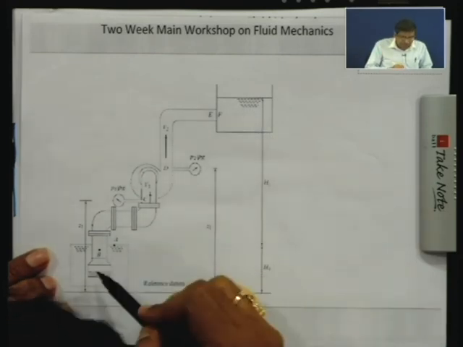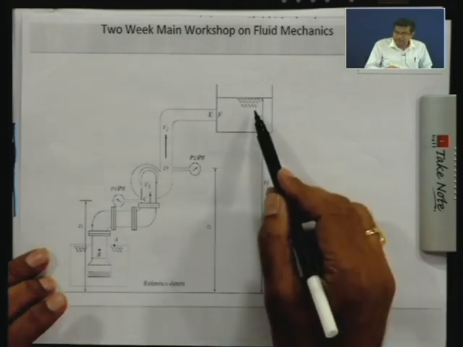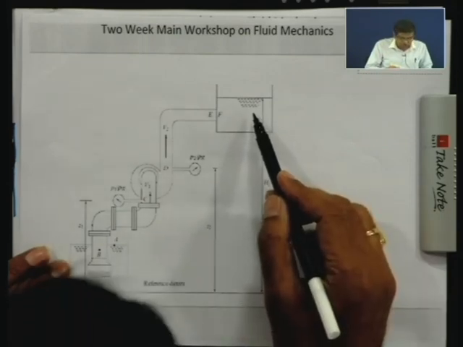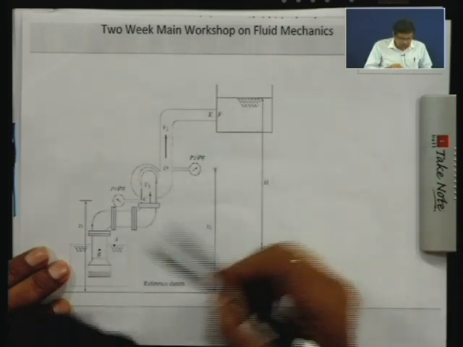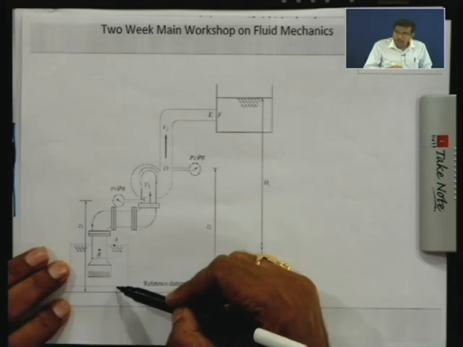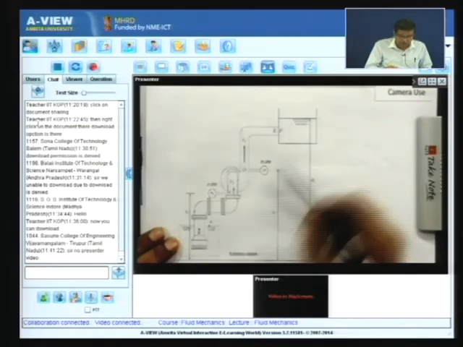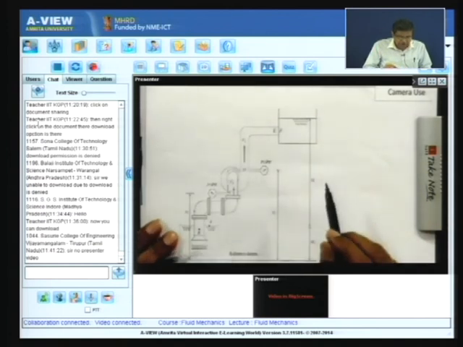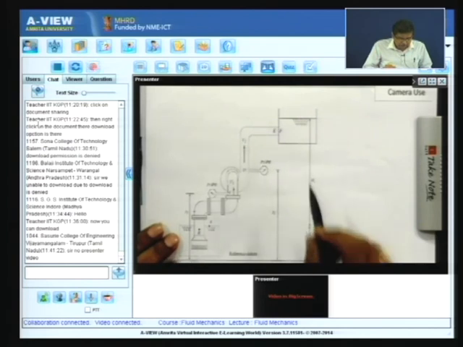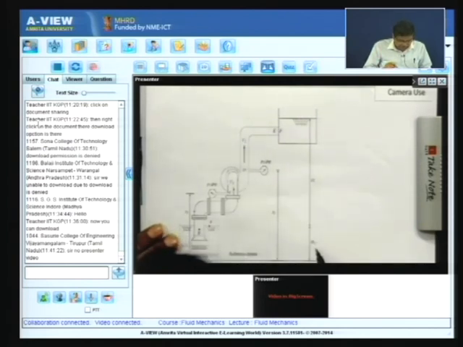So the pump helps a fluid develop its energy for transportation, for lifting from a lower level to a high altitude. With a general pumping system of this type we will be able to understand the terminology associated with the head developed by a pump, head across the pump and all these things.